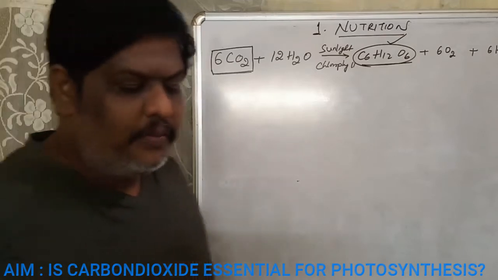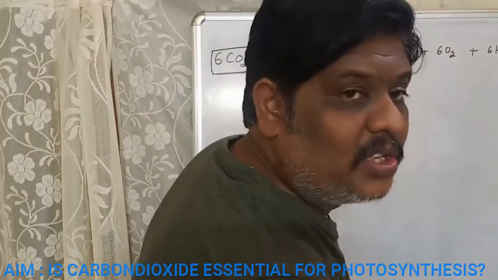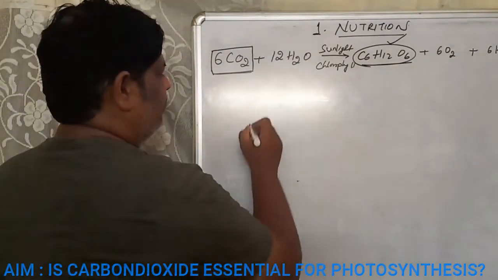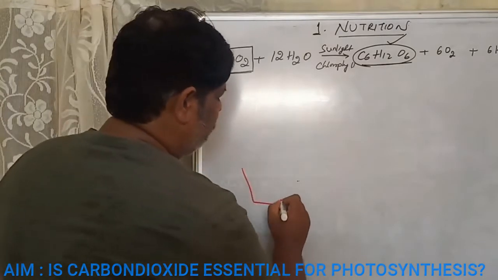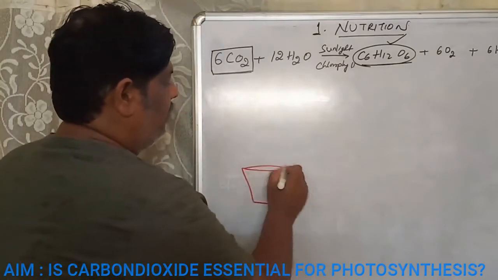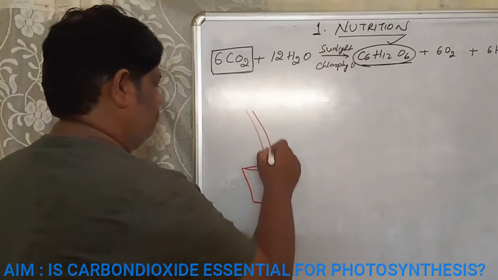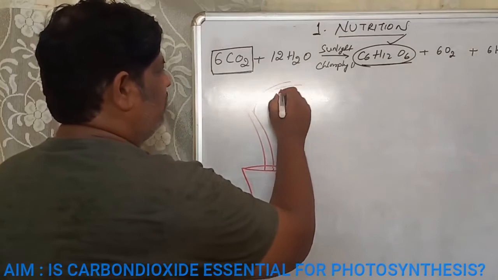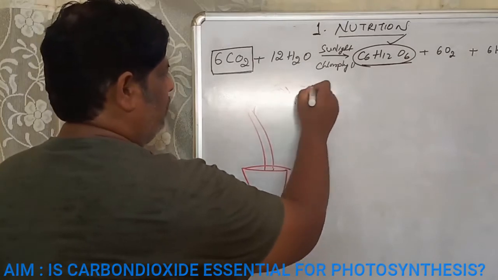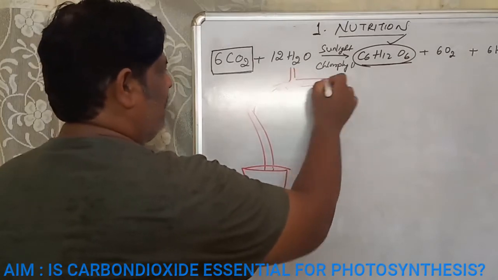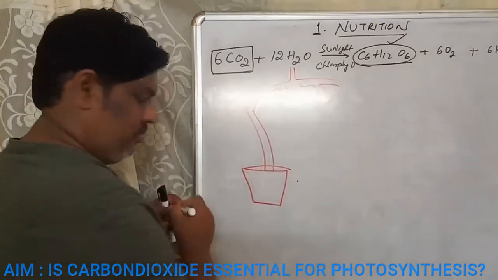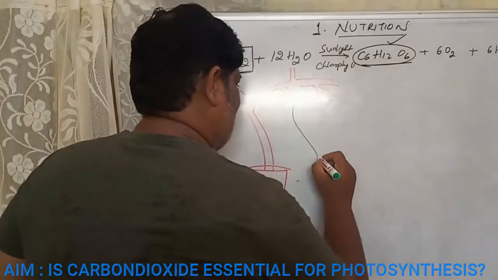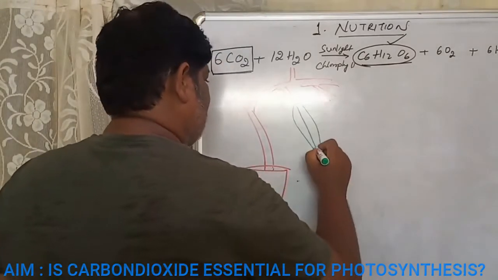Now to prove that carbon dioxide is essential for photosynthesis, we are going to take a potted plant. When you take the potted plant, make sure that it has long and narrow leaves, like the mango leaves you have seen.